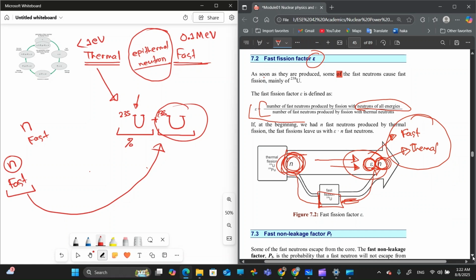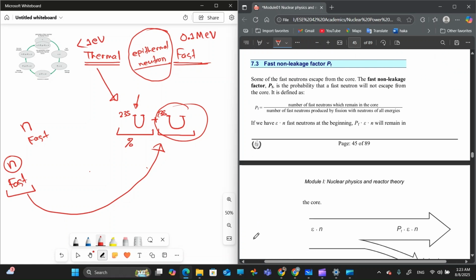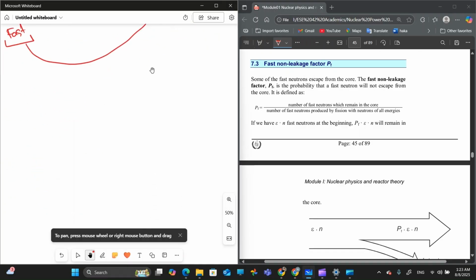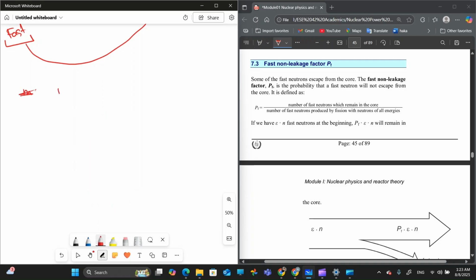Okay. Now we have the second part. What happens after this? At the beginning phase, we have this number of neutrons. Some of the neutrons are very fast and they get out of the core. That is called leakage. So suppose you have this number of neutrons and some of it got leaked.